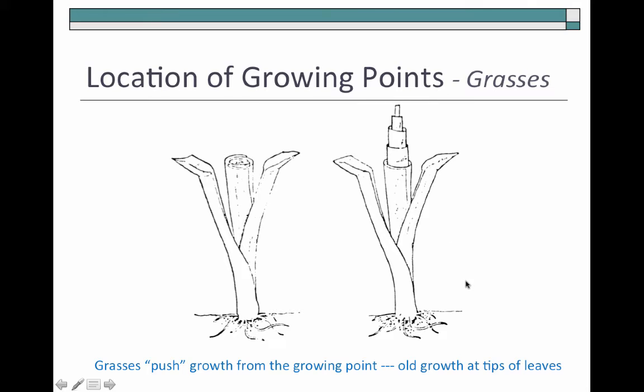So grasses are unique because as long as you don't remove the growing points, so here we've got an elevated growing point, these grasses are going to push growth from the growing point upwards. So the older growth is actually up here, and the newer growth is right next to the node. So as newer growth is going to start getting more and more abundant, it's pushing that old growth to the top.